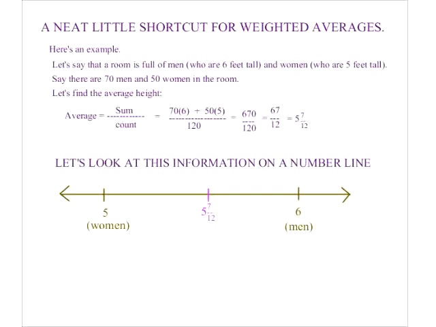So 5 7/12 is our friendly weighted average.